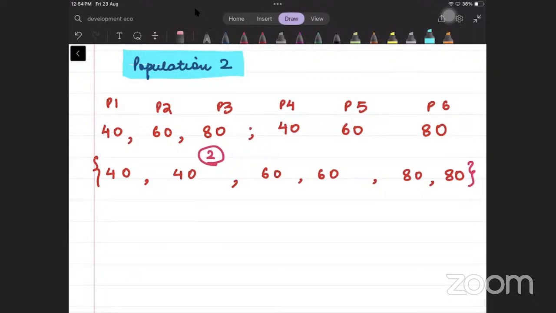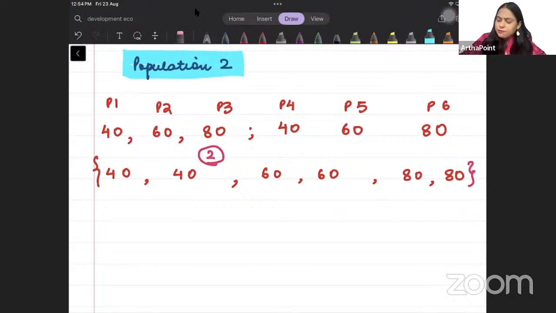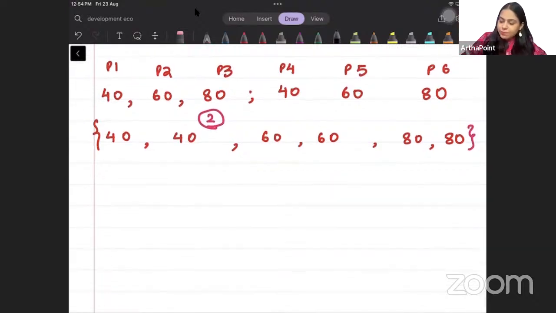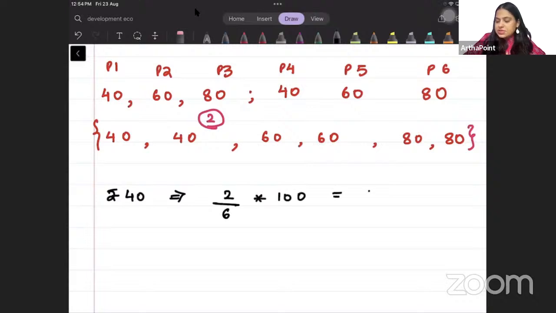The income is also the same. So what will happen in this case? Very simple. We will see how many people are earning 40 rupees? Well, there are 2 people out of 6 people into 100. That means 33% of the population is earning 40 rupees.